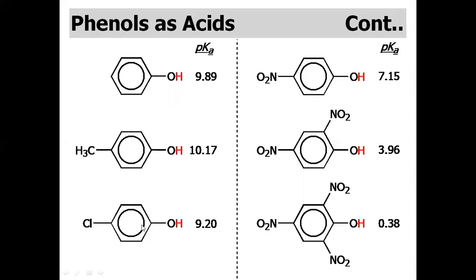While in case of a halogen, for example chlorine, when attached to the phenol, the mesomeric effect predominates over the electron withdrawing effect. That's why its pKa is increasing as compared to the other substituent. These are some phenols which behave as an acid.